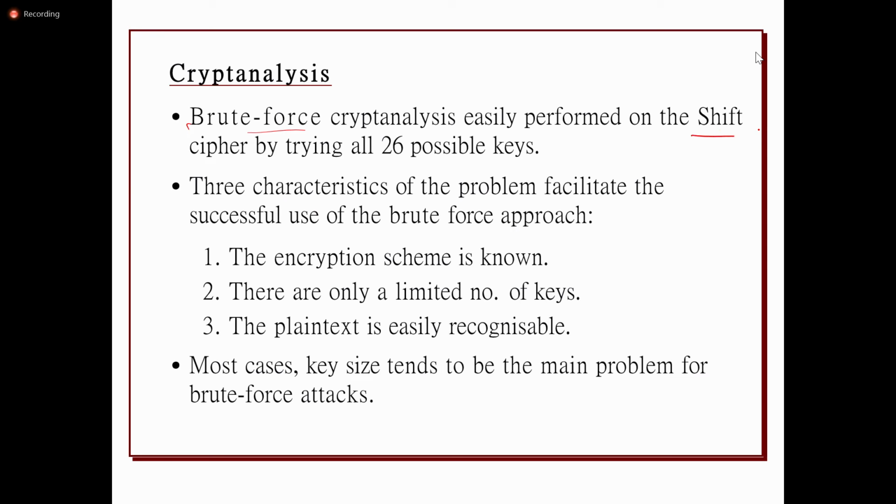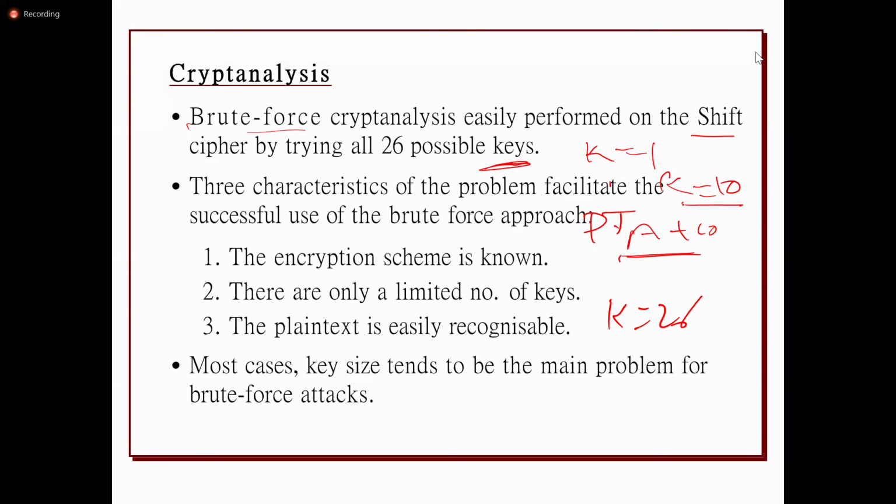Suppose we use shift cipher, obviously it will have only 26 possible keys. We can take k value 1 to k value 26 for a given plain text. Suppose we take the key value as 10, then for every alphabet the value 10 will be added.